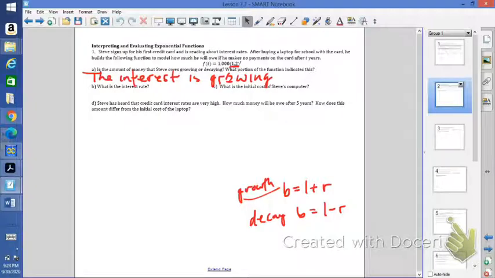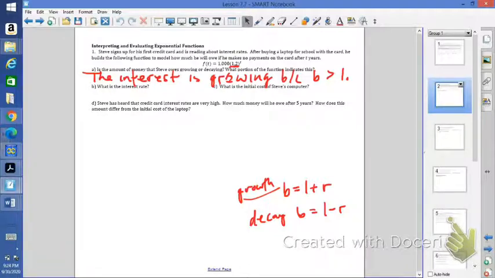So the interest is growing because b is greater than 1. Right? So that answers the question, what portion of the function indicates this?